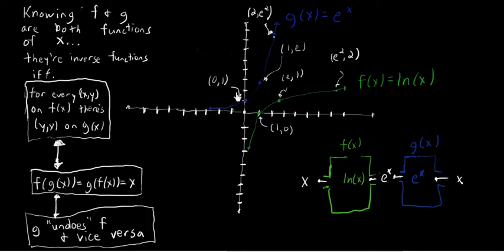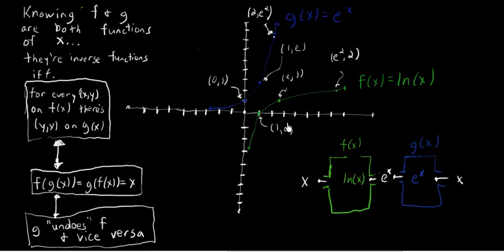If you do the same thing in reverse, let's say you plug in 1 into g, well, you're going to get an output of e, right? But then you plug in e as an input into f. Well, f is going to output 1. So regardless of which you plug into first, f or g, if you perform a composition, you will get back your input value, the value that you inputted into the first function.